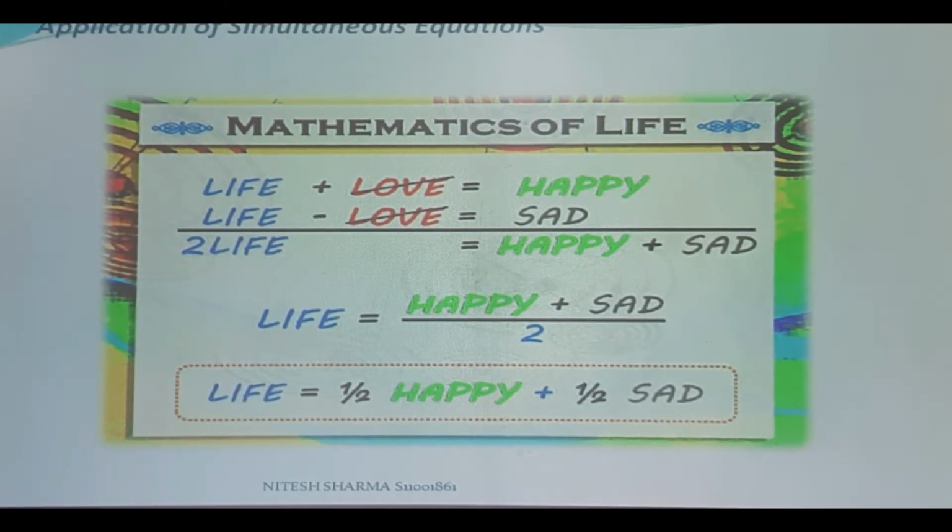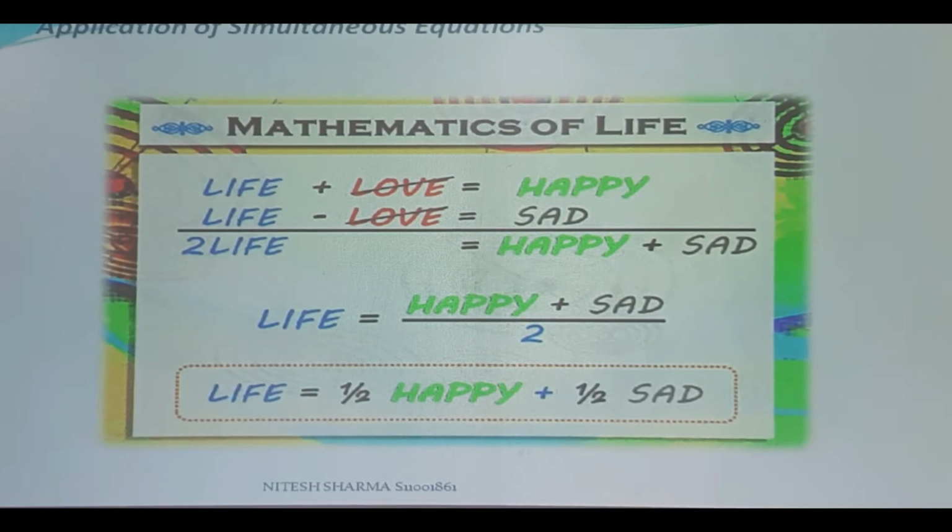The equation is about life, love, happiness and sadness. The first equation represents life plus love equals happy. The second equation represents life minus love equals sadness. Solving both equations simultaneously by eliminating love, we get 2 life equals happy plus sad.